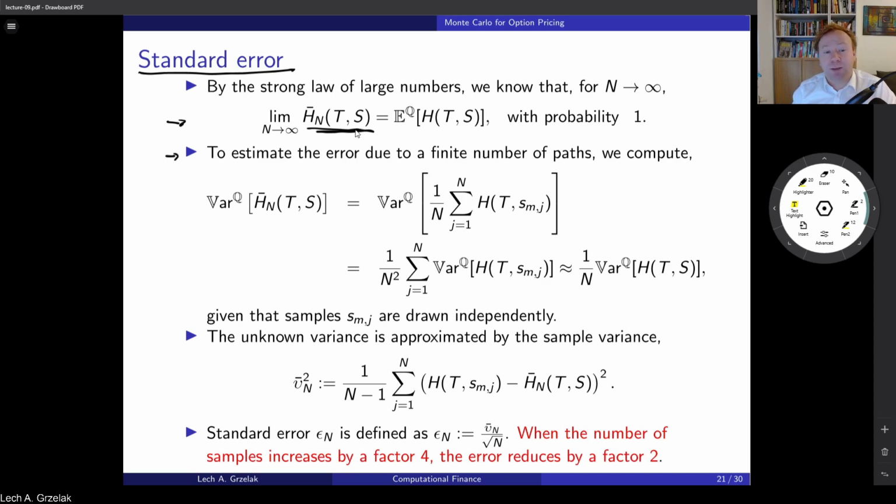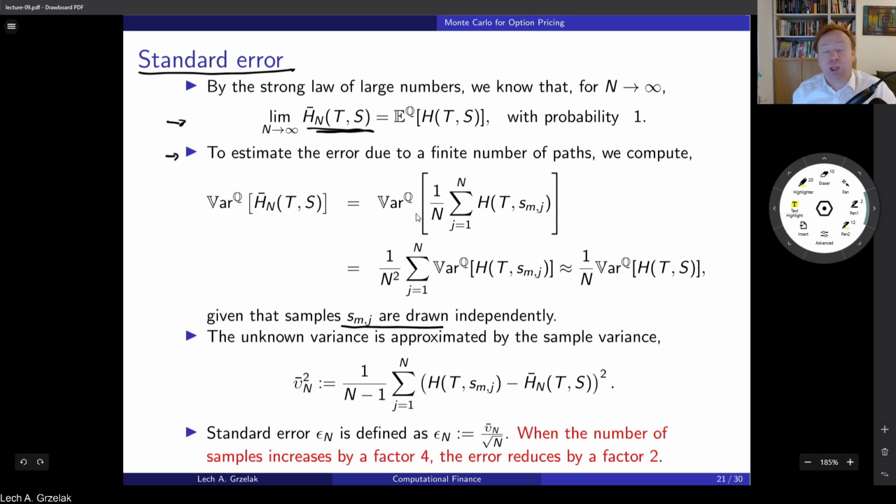The first one is the expectation. We know that if the number of samples increases to infinity, it converges with probability 1 to the theoretical value. And now we also need the variance. For the variance of the mean, we substitute here, you see, it's a bar, so it's the sample mean. We substitute the definition from the previous slide, and then we assume that samples are drawn independently.